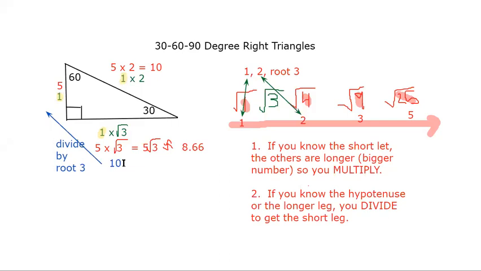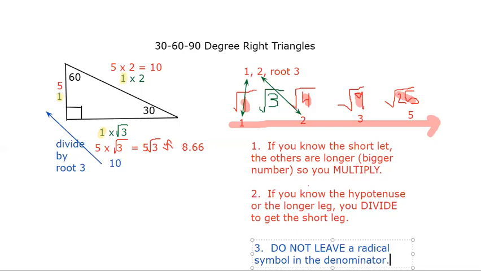So it's 10 divided by root 3. You have to put that in your calculator because remember, do not leave a radical symbol in the denominator. Ever, ever, ever, never. So let's go to our calculator and figure out what 10 divided by root 3 is.